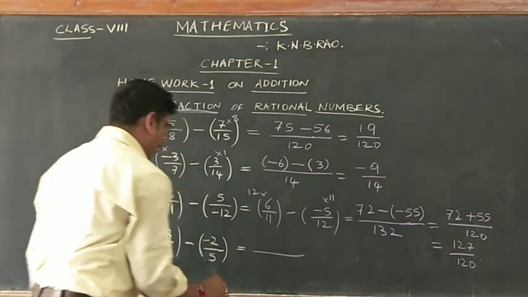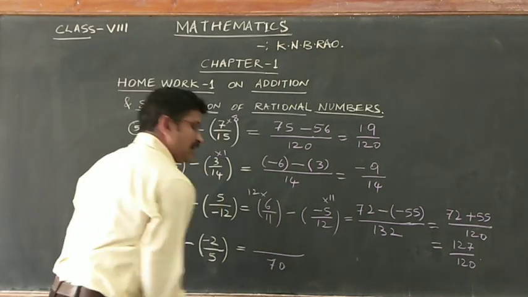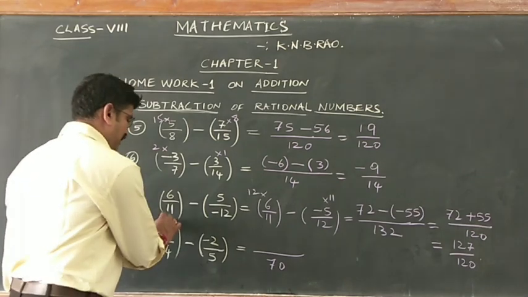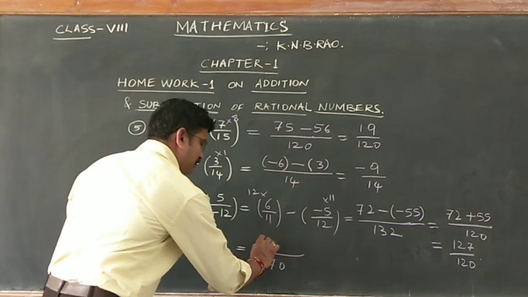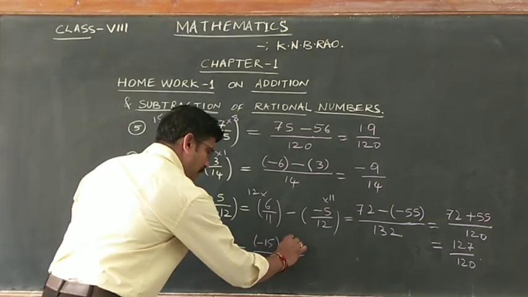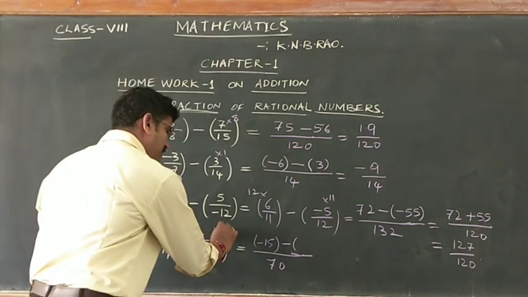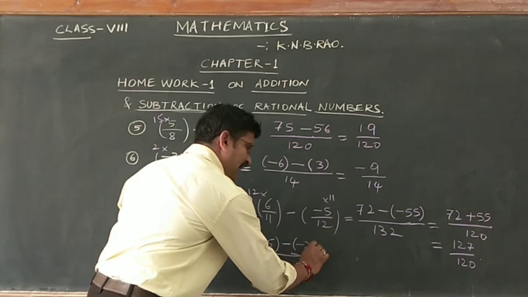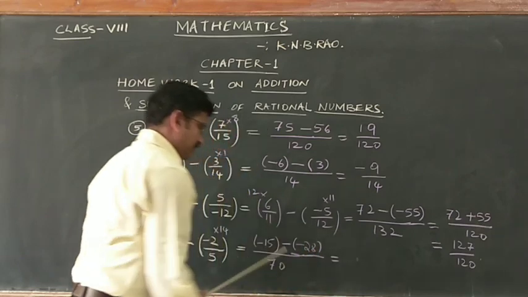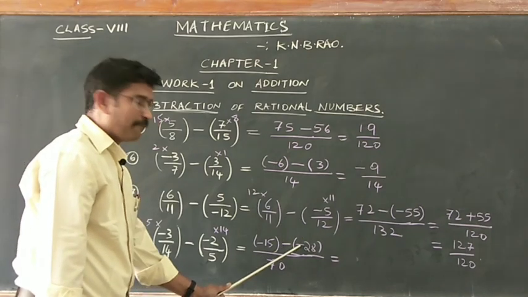So, the LCM of 14 and 5 is 70. 14 in 70 is 5 times, 5 minus 3s are minus 15, minus, 5 in 70 is 14 times. So, minus 2 14s are minus 28, again minus 15 minus of minus 28.